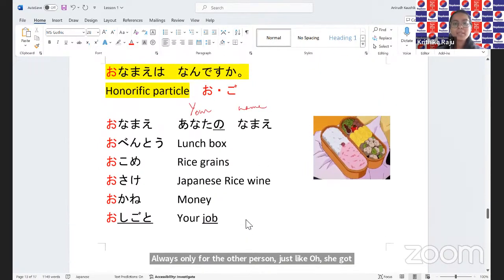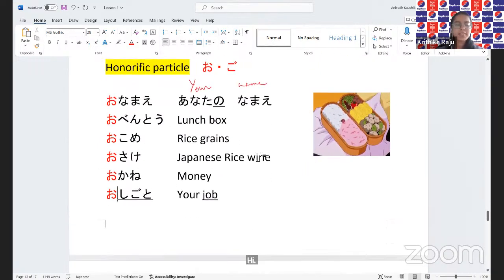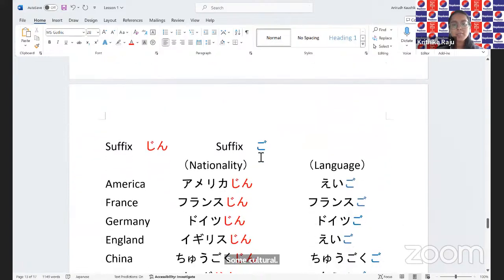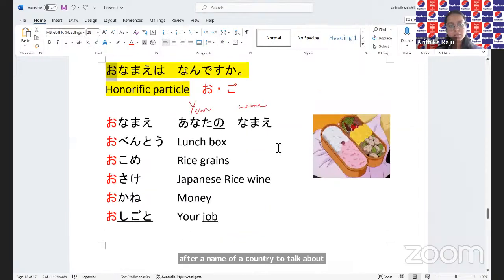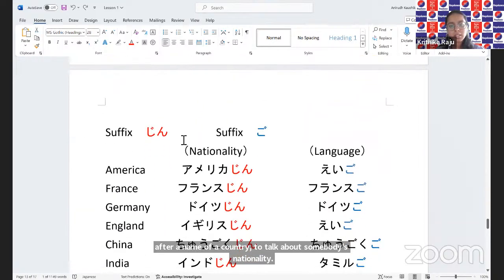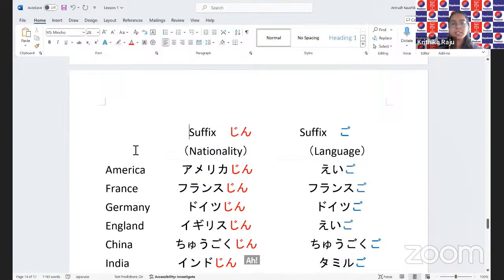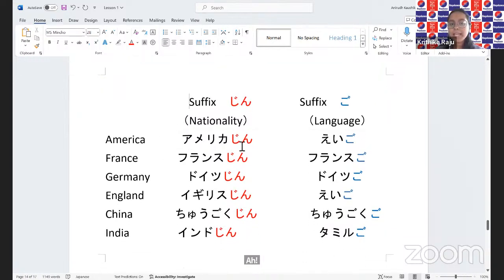Okay, some culturally relevant terms. Now this, I told you about the suffix jin that we use after the name of a country to talk about somebody's nationality. Okay, so America jin means American.